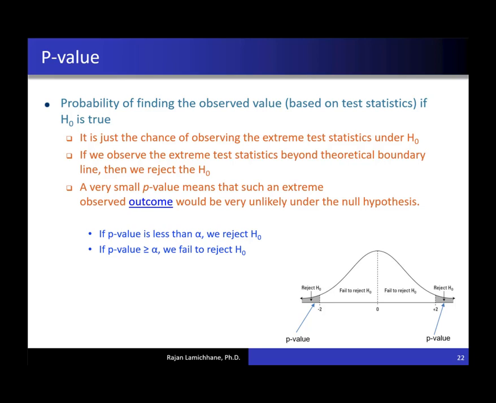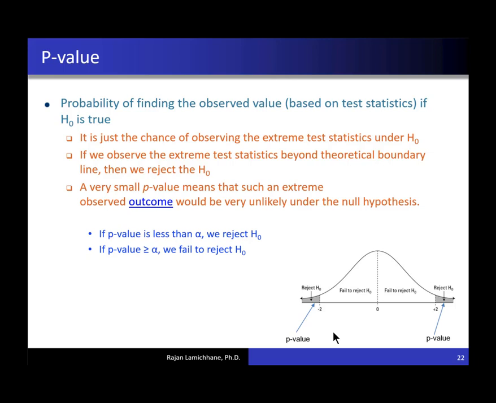If the p-value is very small, it means the observed value is very unlikely to see. In a technical way, if we observe any test statistic beyond the theoretical boundary line, somewhere in this shaded area, then we are rejecting the null hypothesis.